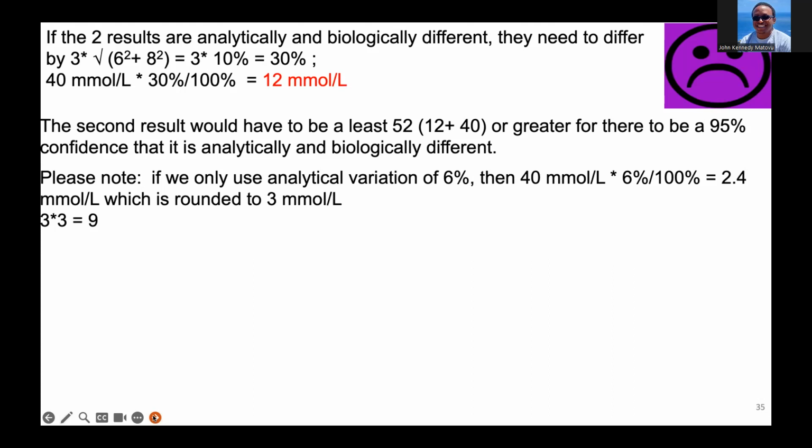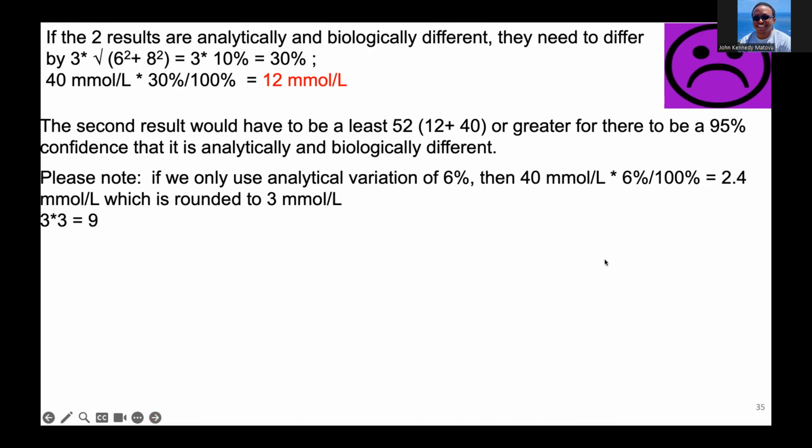The note here says, if we only use analytical variation of 6%, so if you don't use the biological variation and you're only considering the analytical variation, then you would go straight to looking at your actual result times 6% over 100, which will give you 2.4 millimoles per liter. You round that up to 3 millimoles per liter.